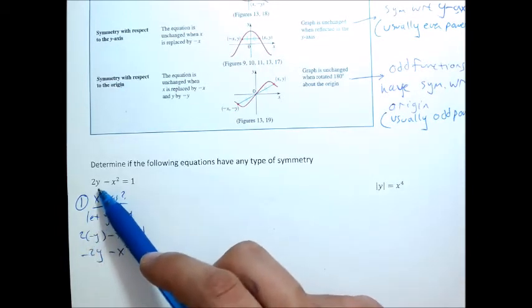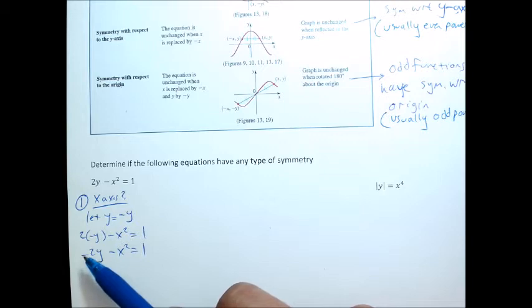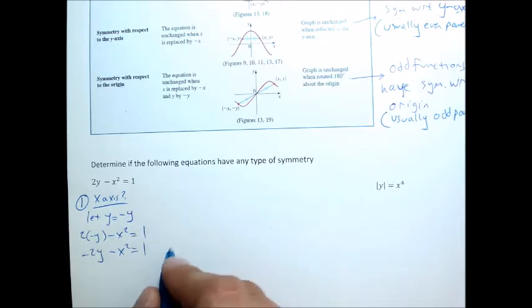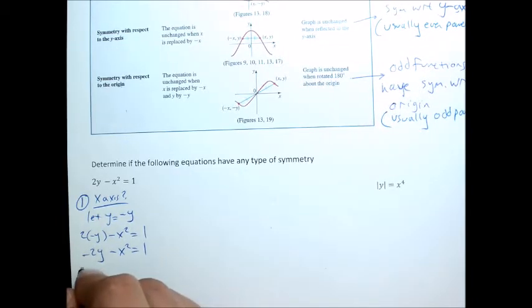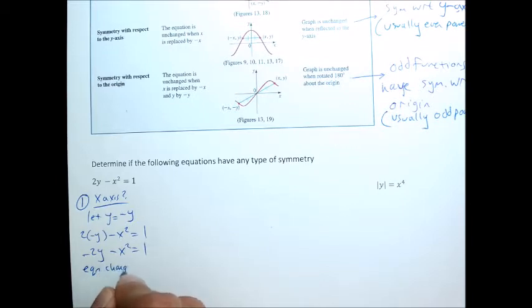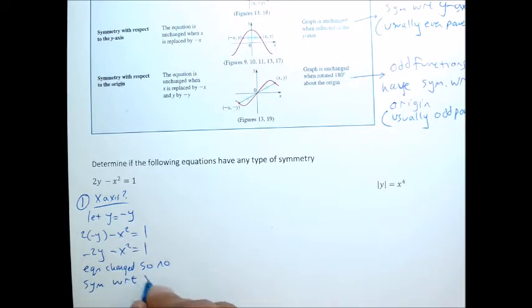It used to be positive 2y, and now it's a negative 2y. And so that means we don't have this type of symmetry. So I'll say the equation changed, so no symmetry with respect to the x-axis.